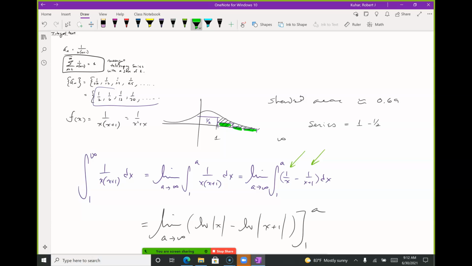We know all of the rectangles add up to 1, but we took off 1/2, right? So the series minus first term is what I'm doing here, is 0.5. And now notice that my shaded area is bigger than the terms of the series underneath.